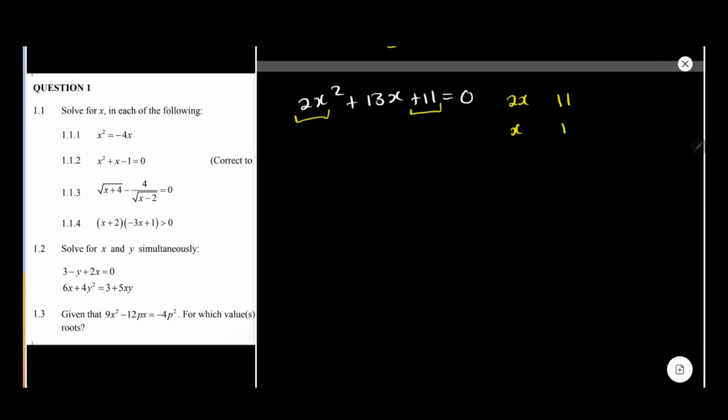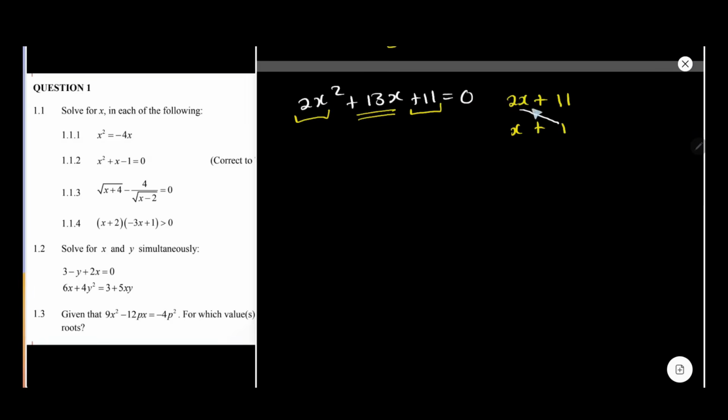But in this case, it would really depend on how you put it. So 11 times 1, and remember, it's a positive 11. The only way you can get a positive 11 is by saying positive 11 times positive 1, or negative 11 times negative 1. But we know it's not negative because the middle term is positive. So it's both positive. It's called the cross method because we cross multiply.